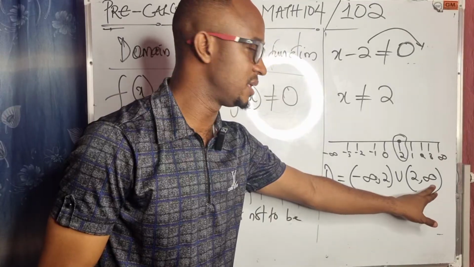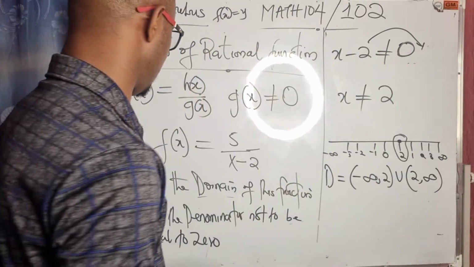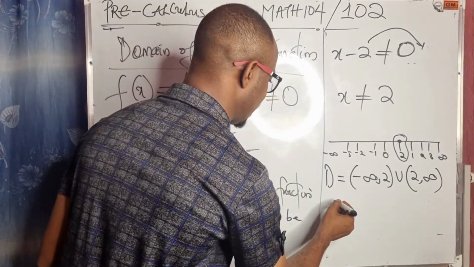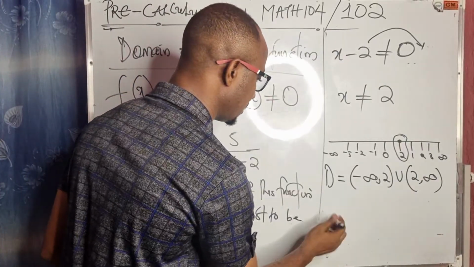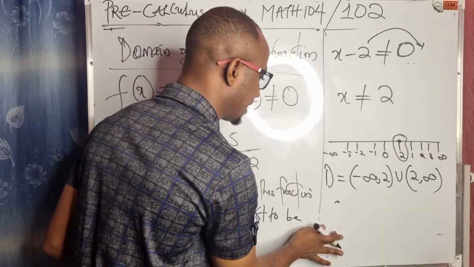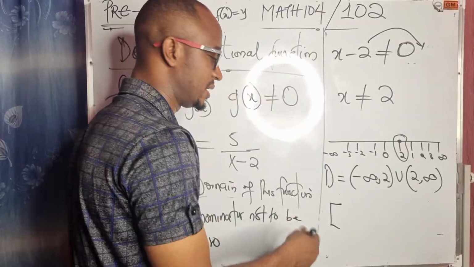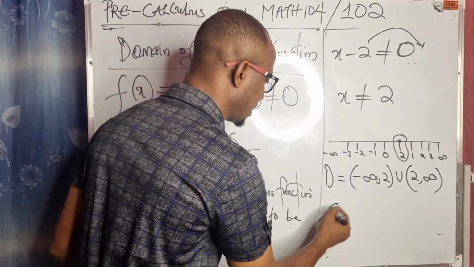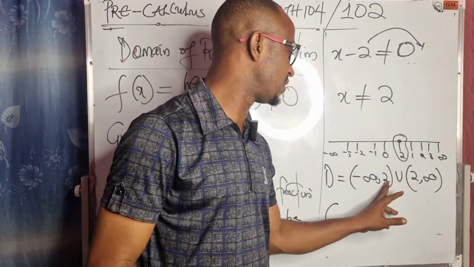There are certain signs you must take note of in domain. Anytime you see a bracket like this, it simply means that the value is not included. If I have a bracket like this, it simply means the value is included. This bracket means we are excluding the value of x, of 2.